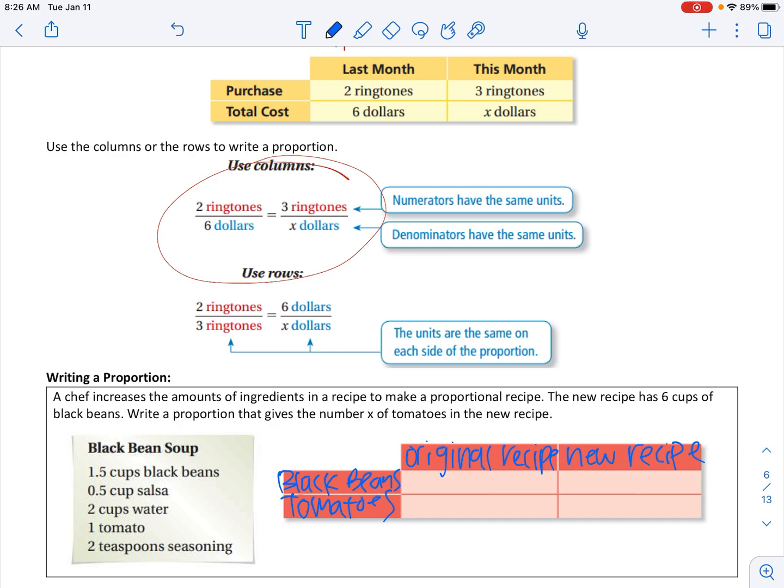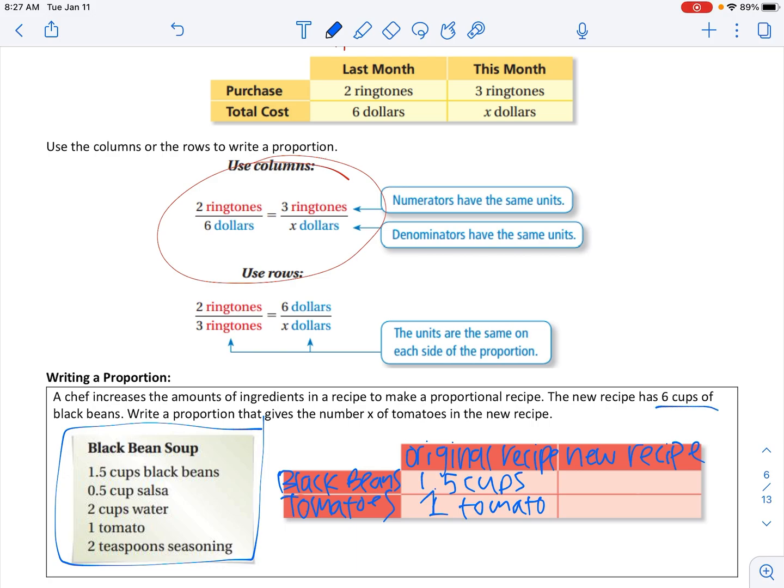And then you just fill in the information wherever it fits. So in the original recipe, that's over on the left, we started with 1.5 cups of black beans and 1 tomato. In our new recipe, we have 6 cups of black beans.